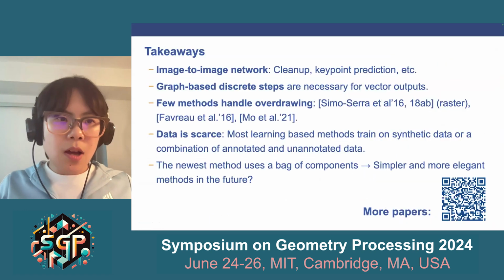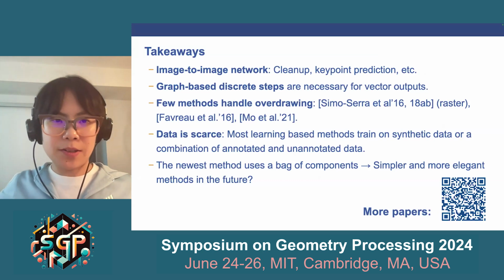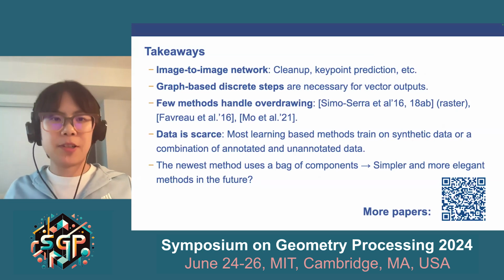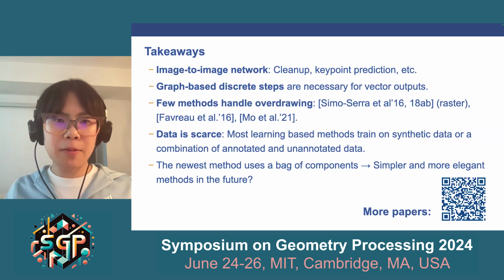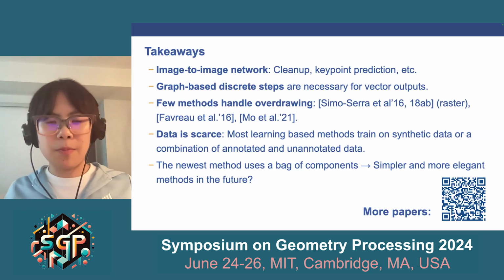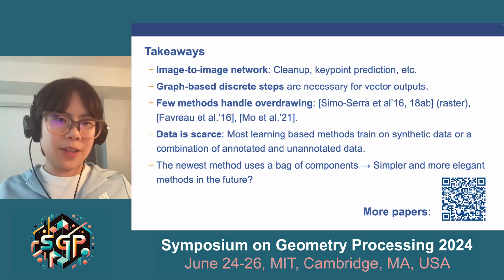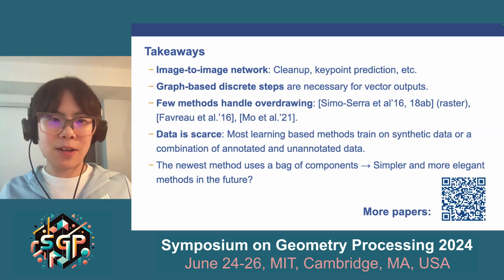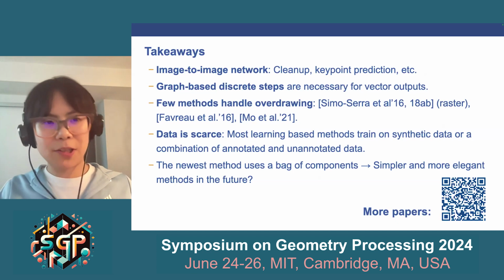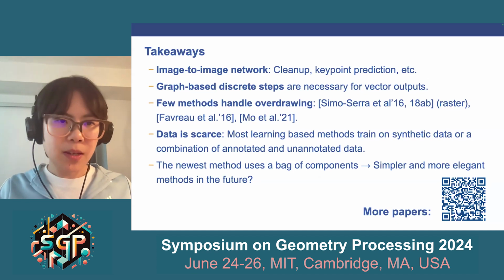Okay. So we have seen that image-to-image networks are good for raster space operations, such as raster space cleanup, keypoint prediction, etc. But because for this problem our target output is in vector format, we kind of have to have some discrete step, which can be graph-based or maybe based on neural dual contouring.